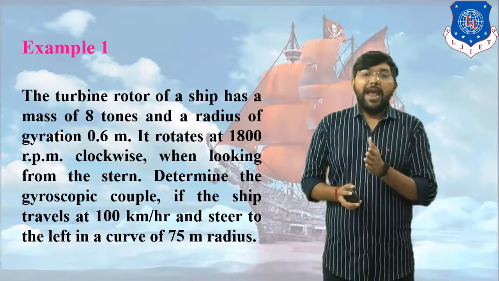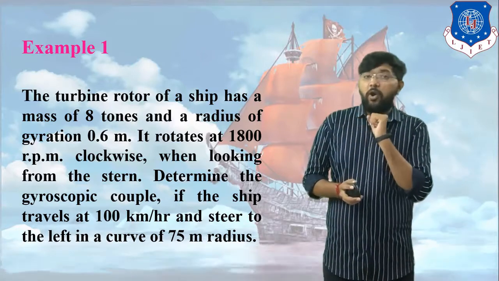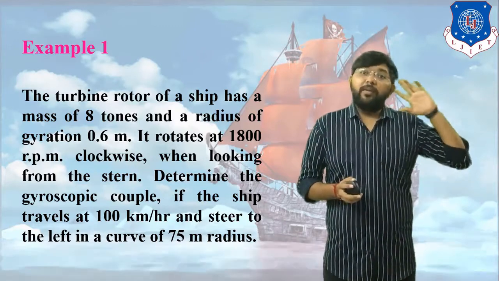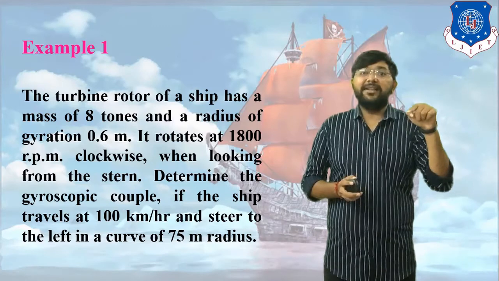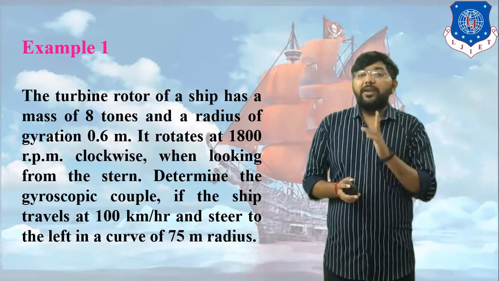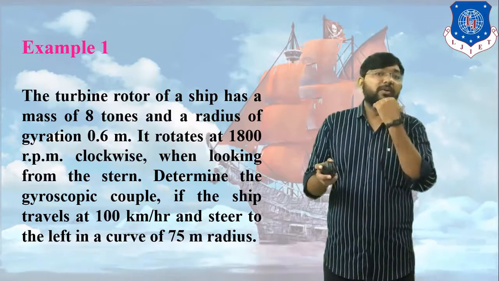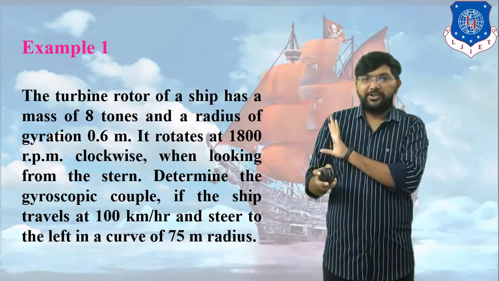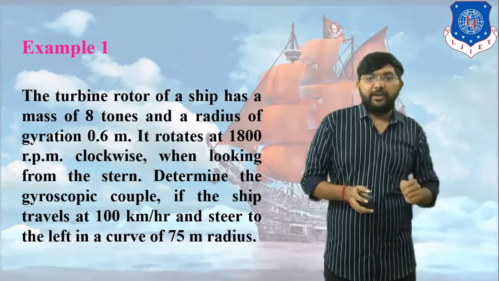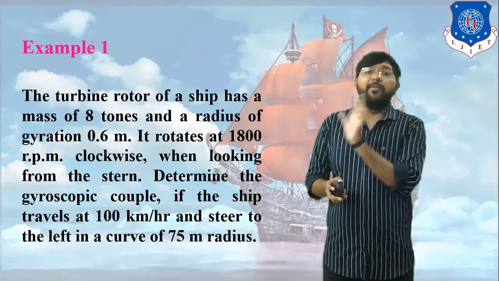It rotates at 1800 rpm clockwise when looking from the stern. You have to remember all 4 cases; this example is based on case number 1. Looking from the stern means observing the ship from the rear side, and at that time the rotation of the rotor is clockwise. The speed is 1800 rpm, that is, capital N is 1800 rpm.